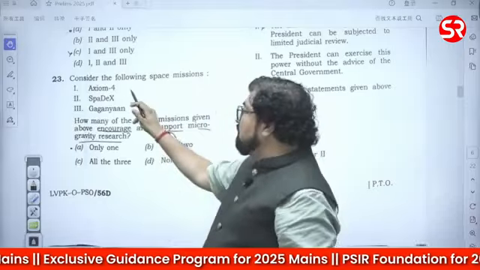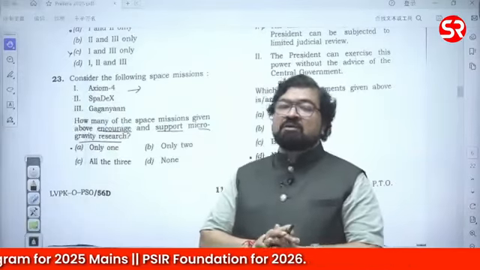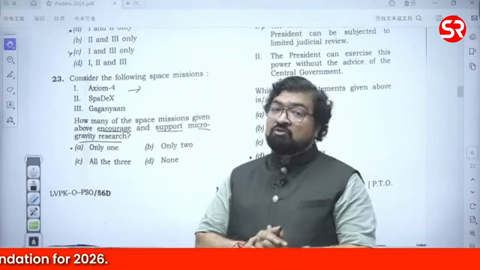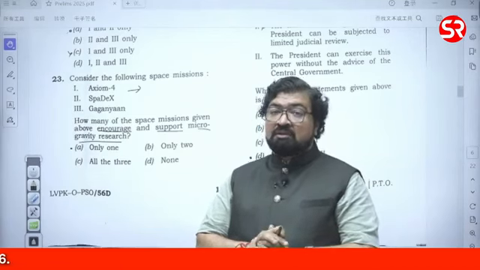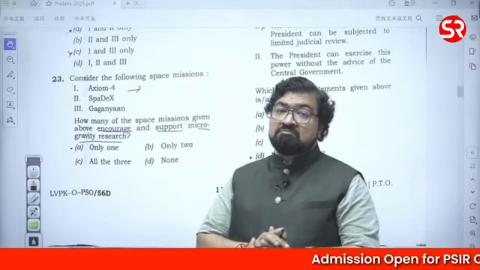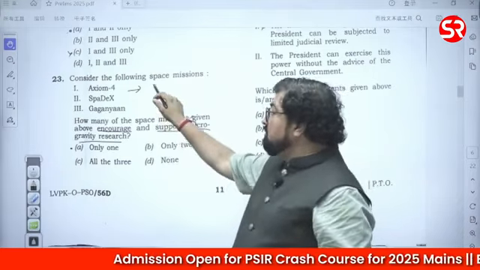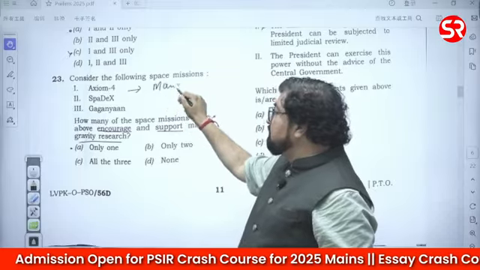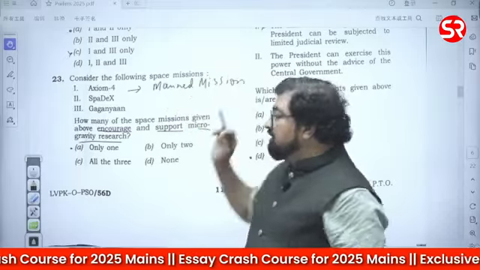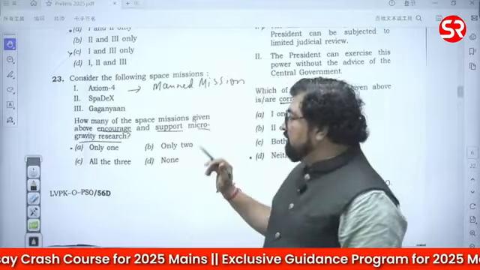Now, Axiom 4 is a private space mission program, where one of our Gaganyaan astronauts, Subhanshu Shukla, is going. So that is a manned mission, a human space flight mission, and a manned mission has one very important objective of conducting experiments in zero gravity or microgravity.